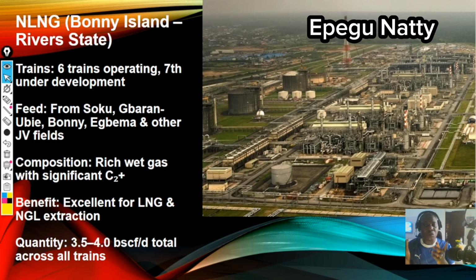The combination of all these 7 is going to give you about 3.5 billion cubic feet per day. Exactly. So it's a massive set of gas plants, and it's strategic in Nigeria, right? The composition is rich wet gas with a lot of C2, C3, and C4. So what you get is LNG and NGL.